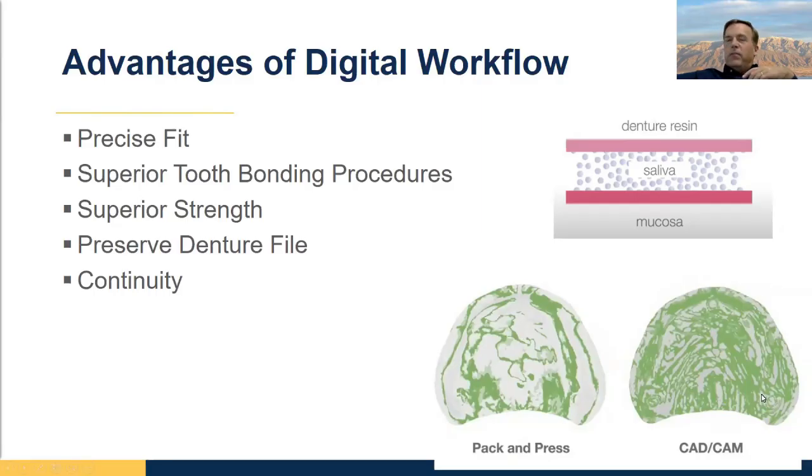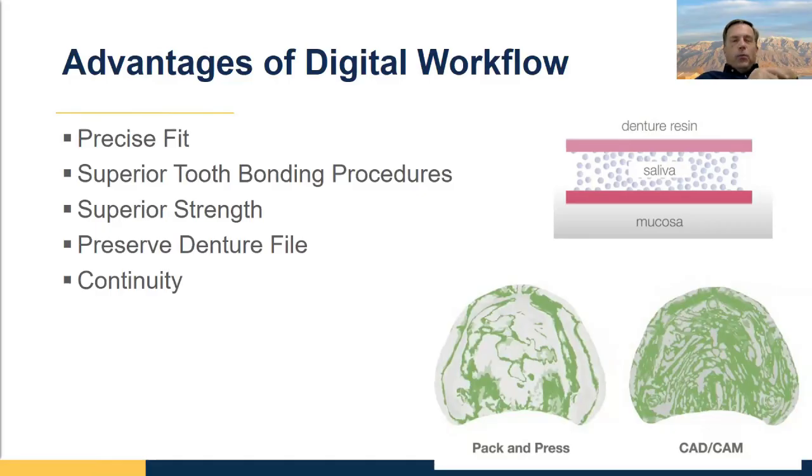Here, this was built in 50 to 100 micron layers, so you get a fit more like a crown or a bridge, and less like a traditional denture. So I guess what I'm saying is on day one, a digital denture is going to have better mucosal adaptation than even an injected or processed denture.